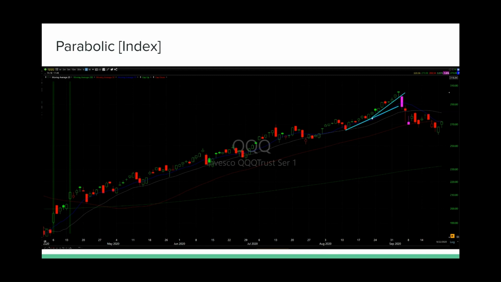And this is when I started to take off a lot of exposure around these days and put on less and less exposure, because this kind of move is not sustainable. And a stock is usually going to break and come down, take a few days of a breather or a pullback after it starts to go parabolic.